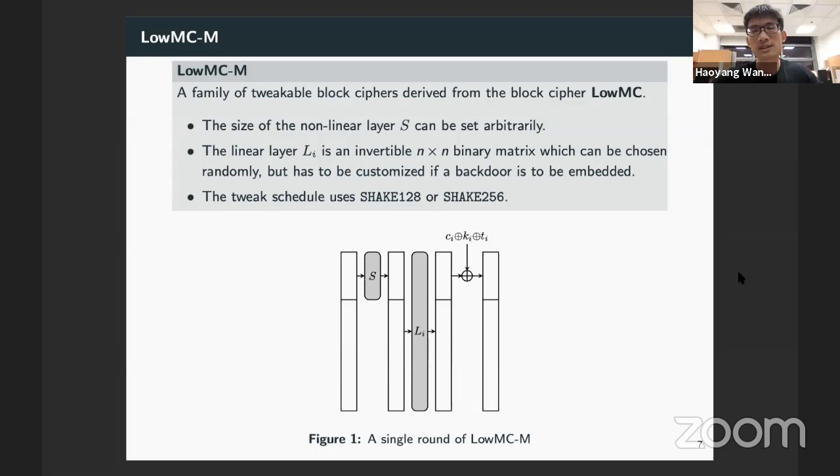An instance of LOMCM can have a backdoor or not. If you want to embed a backdoor inside this cipher, the linear layer, that is a binary matrix, has to be specially designed. Lastly, the tweak schedule we used in this cipher is SHAKE128 or SHAKE256, depending on the block size of this cipher.